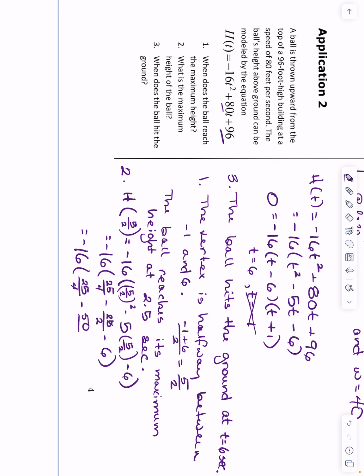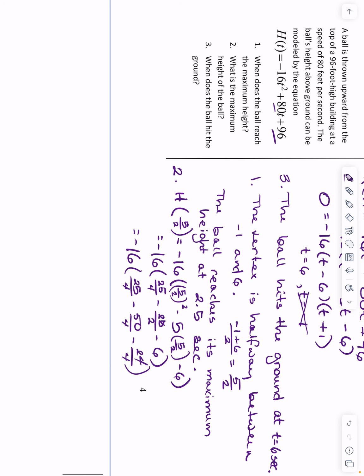So I'm going to rewrite all of these so we have a common denominator. And I'm going to get negative 16. I'm going to subtract these in a different order. 25 minus 24 gives me 1/4, positive 1/4. Minus 50 over 4 gives me negative 49 over 4.